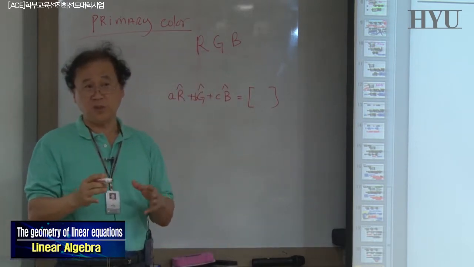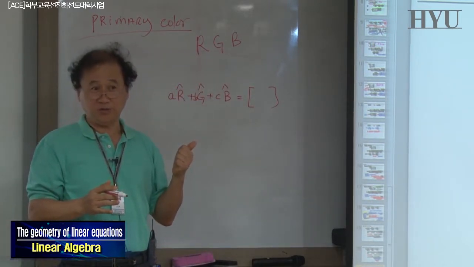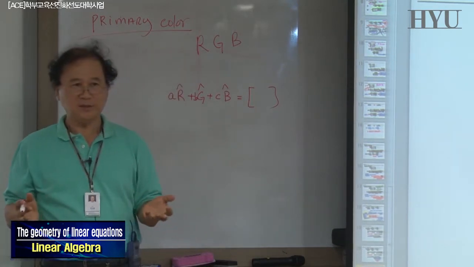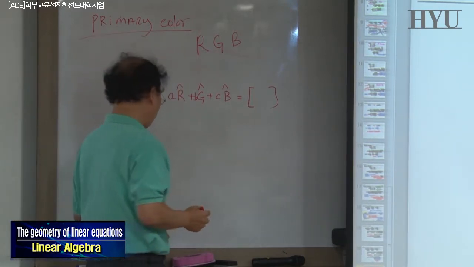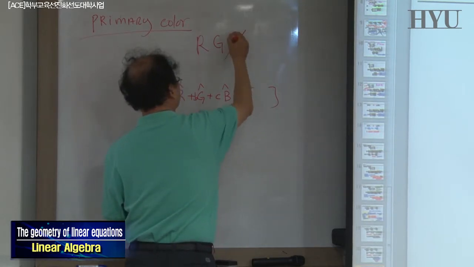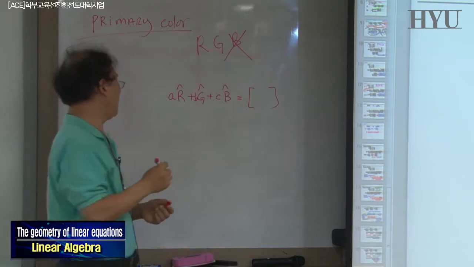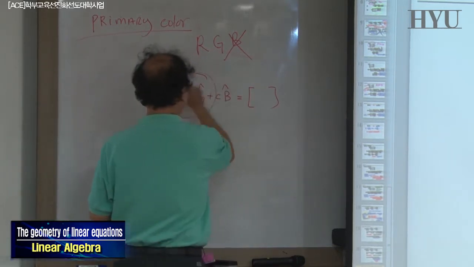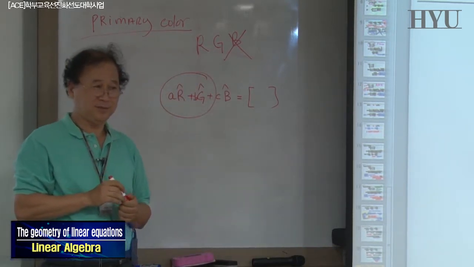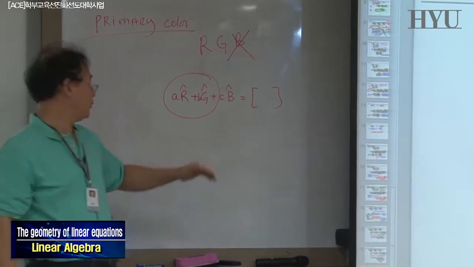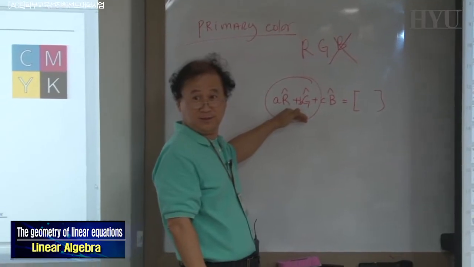If you are not able to come up with such colors, you are in trouble. For example, you bought a color television, LCD panel. Somehow, blue was broken, right? Then the only combination you have is this, right? So you can produce only colors which can be represented by this, right?